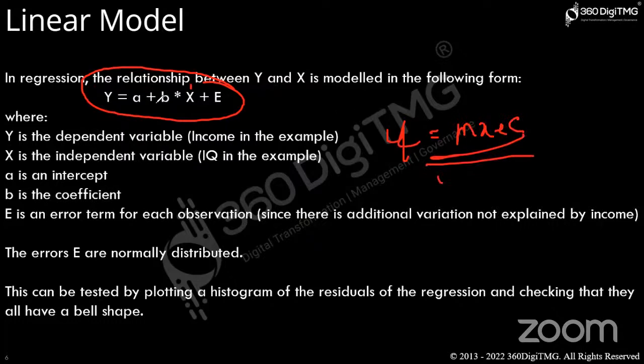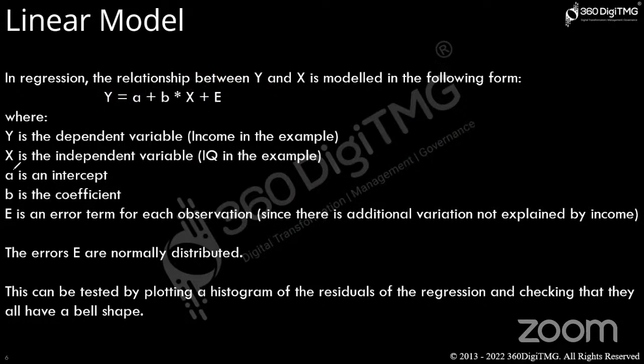Similar to that, we will be having y = a + bx + e. Here y is the dependent variable, using which we will be calculating the y value, and x is the independent variable.